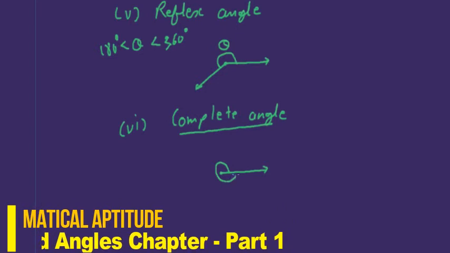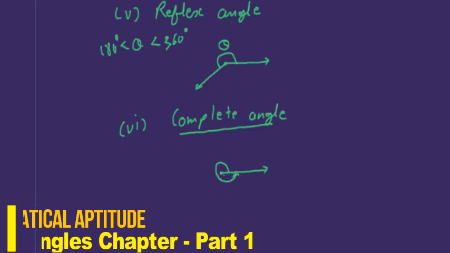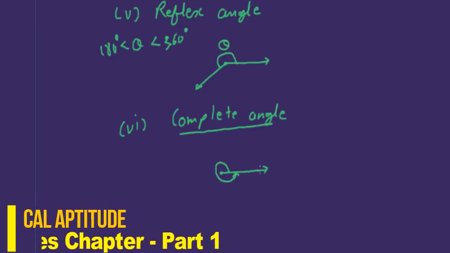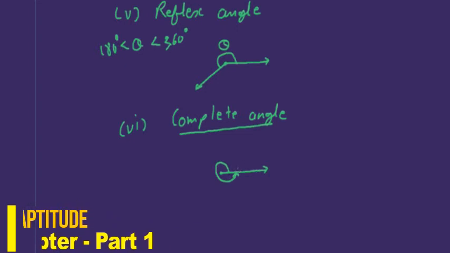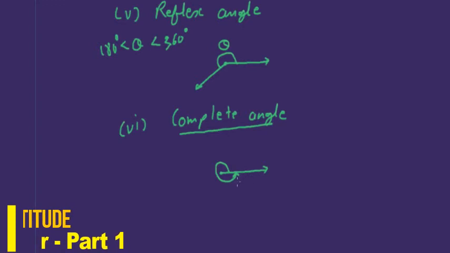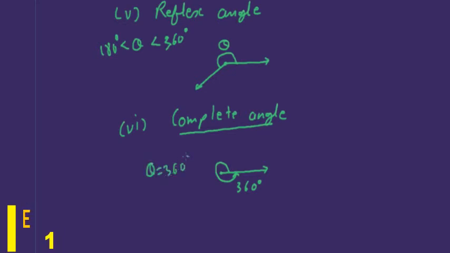After one rotation it comes again to the initial position. So the angle made by this ray is 360 degrees. Complete angle means when the angle is 360 degrees. It means the initial ray has rotated completely one revolution.